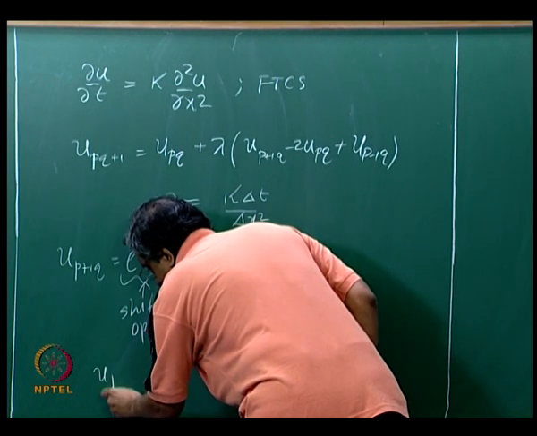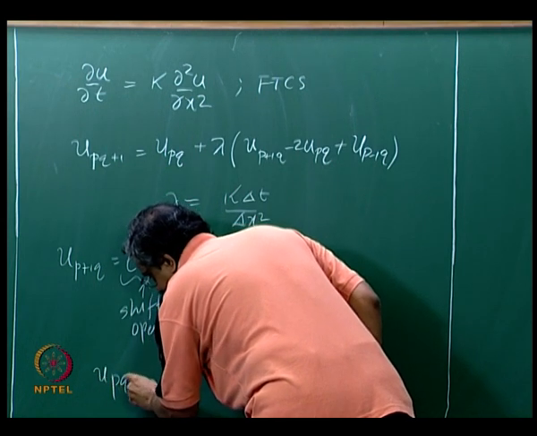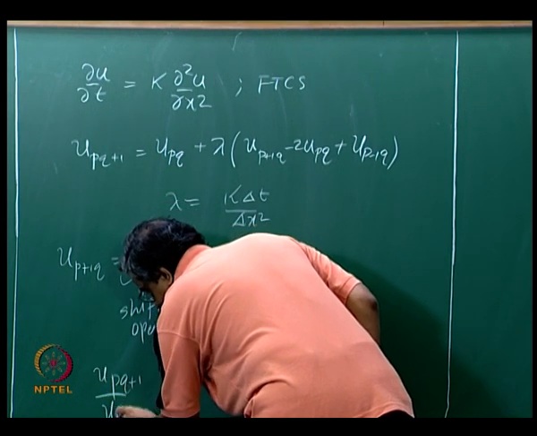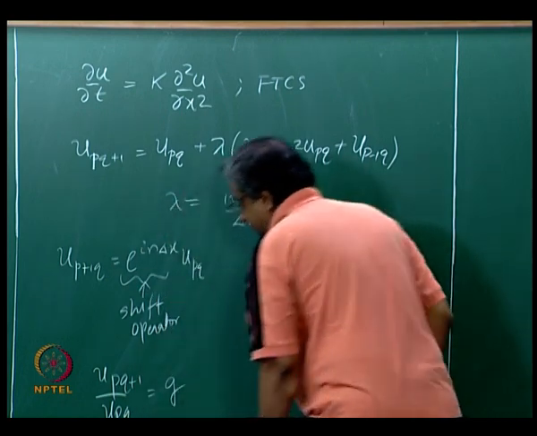We got U_p^(q+1) divided by U_p^q, which is G, the gain.